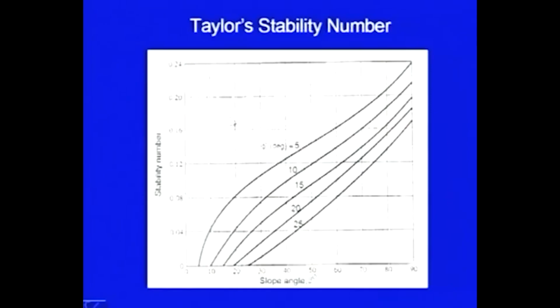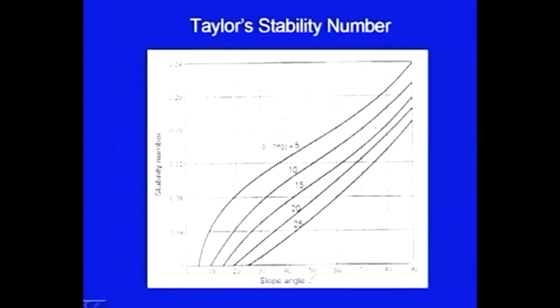This is Taylor's stability number chart. On the x axis it is slope angle beta, and on the y axis it is the stability number. So, for example, beta here varies from 0 to 90°, say beta equal to 40.